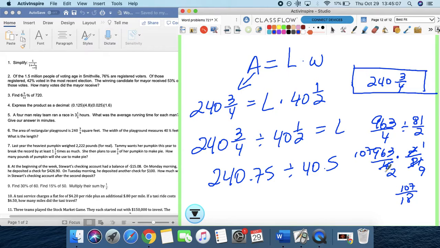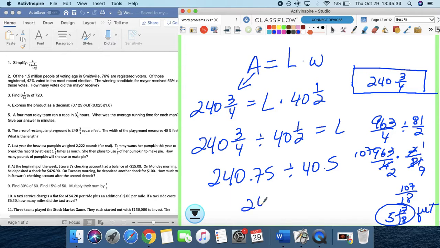Okay, 107 divided by 18, we get 5 times, 18 goes into 107 5 times, which is 90, and we have 17 over 18. So the measurement of the length is 5 and 17 over 18 feet. I forget what it is. Feet, yeah, feet. Yuck.